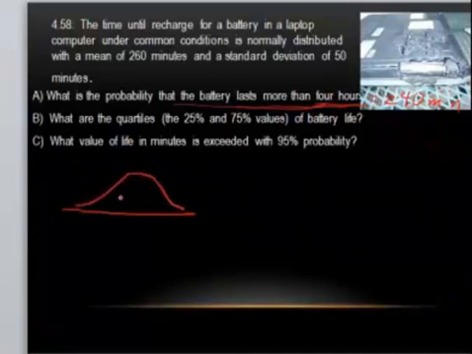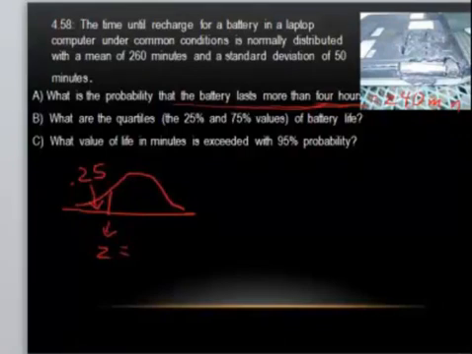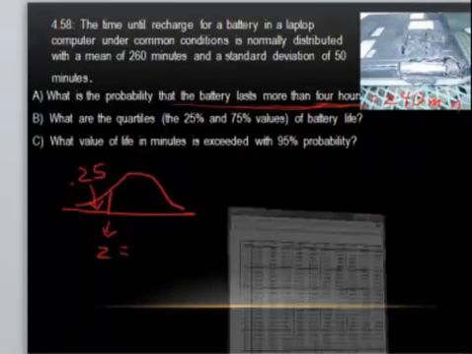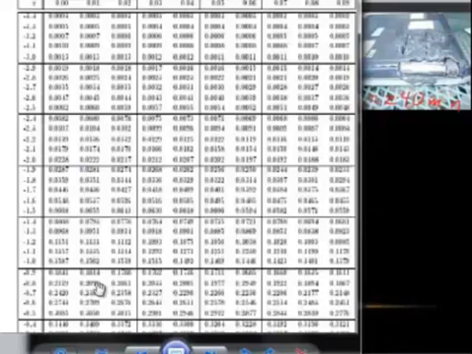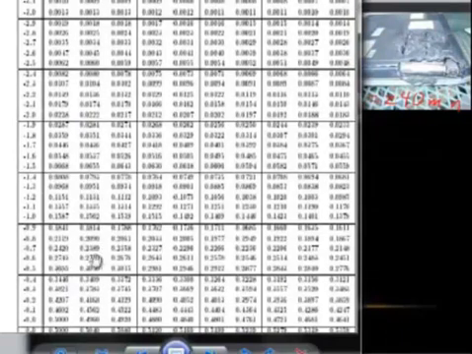What are the quartiles? What we want to do is this area right here, we want to be 0.25. So we find the Z-score affiliated with 0.25. So we go look at the negative table, so we will look that up. Here it is. Okay, 0.25. We look over here, 0.25.